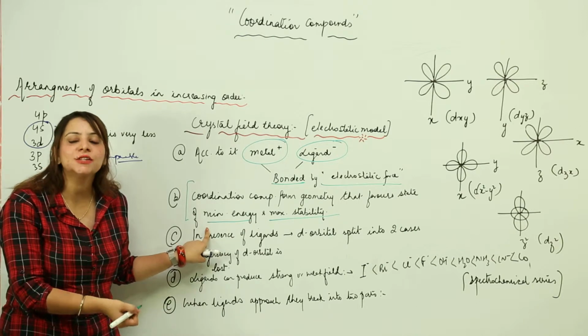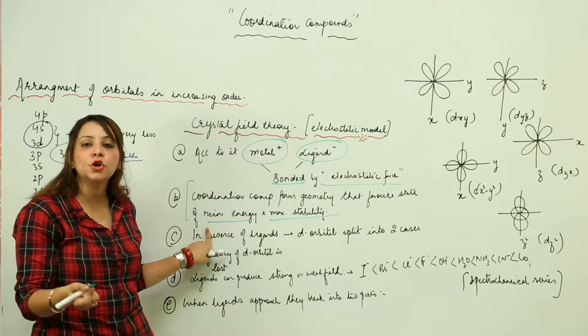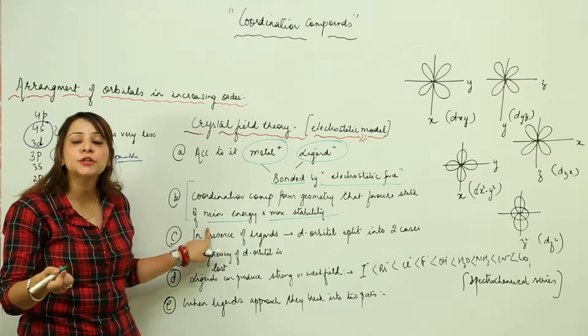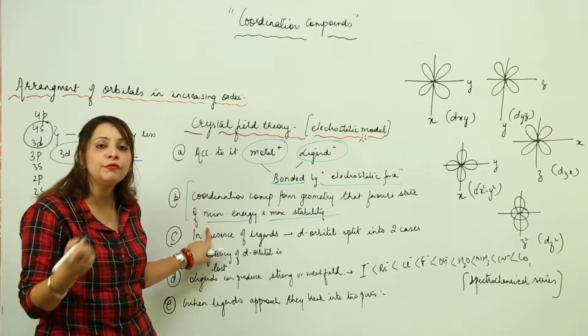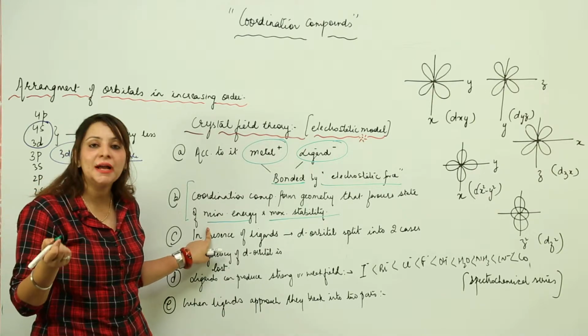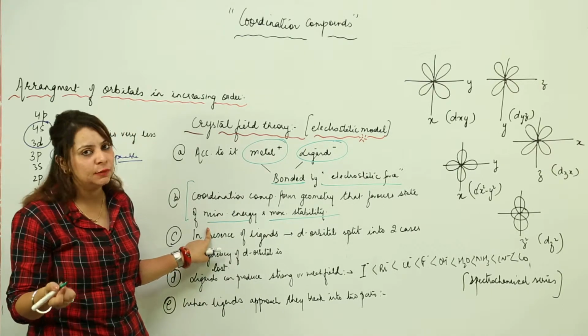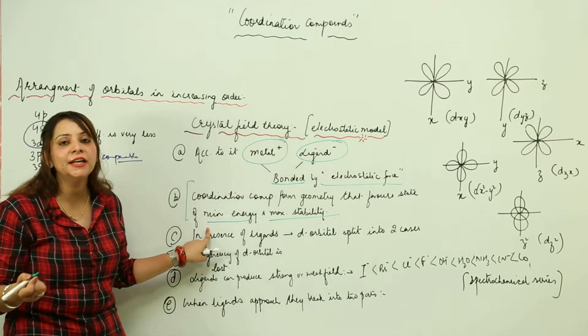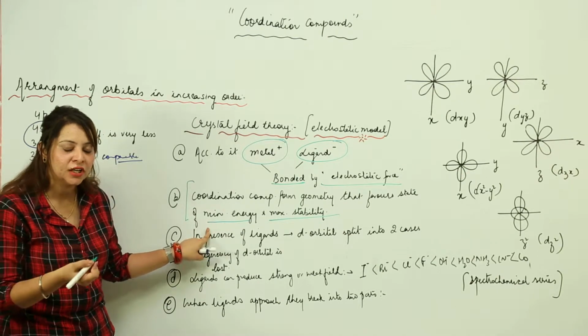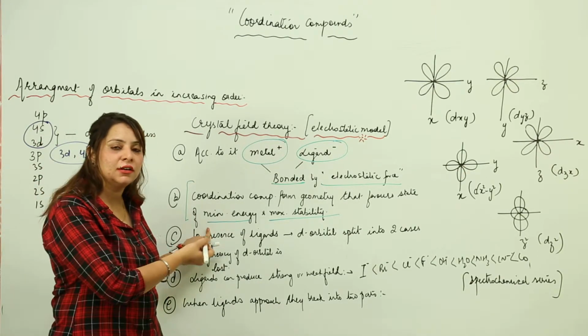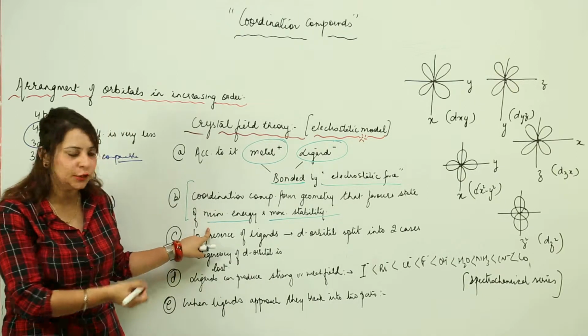Not only in this case, in every compound, every electron pair tends to move away from each other in order to minimize the repulsion and to get a state of minimum energy and maximum stability. Everything in the universe is struggling for stability, and coordination compounds are doing the same.